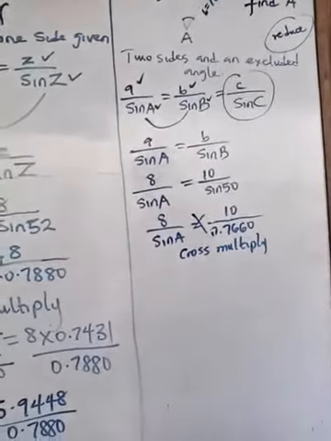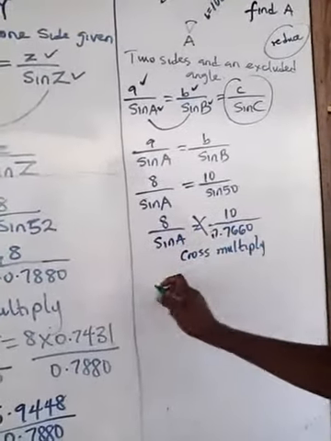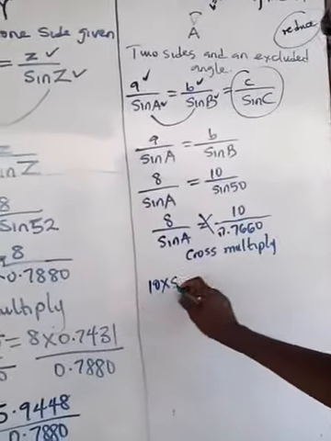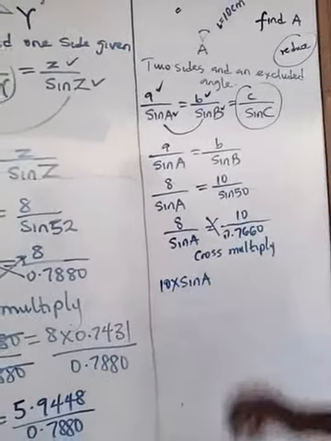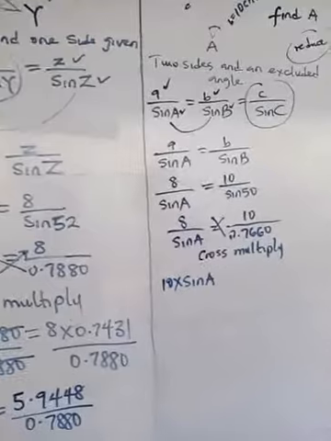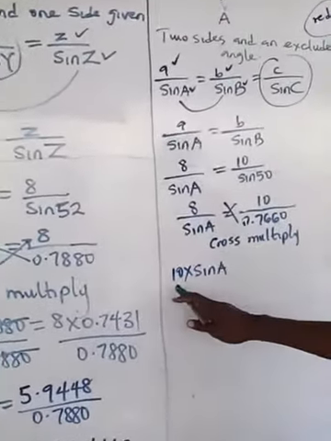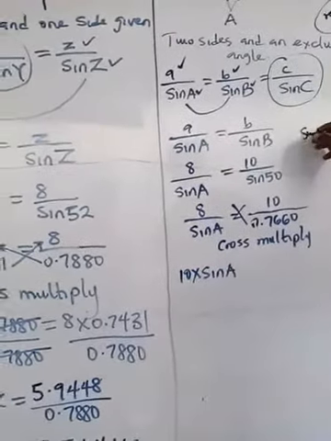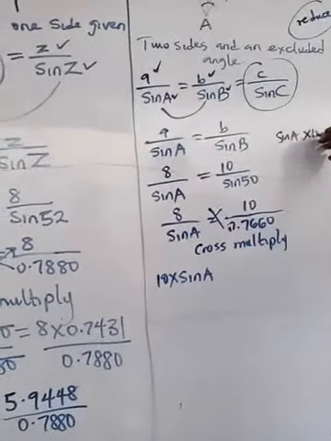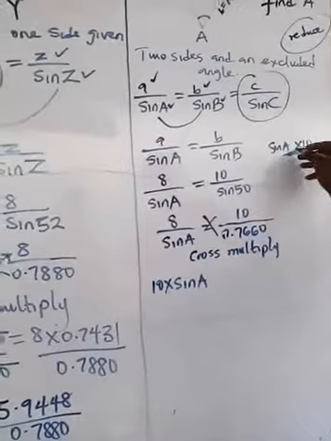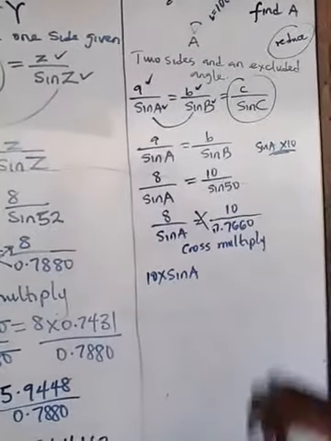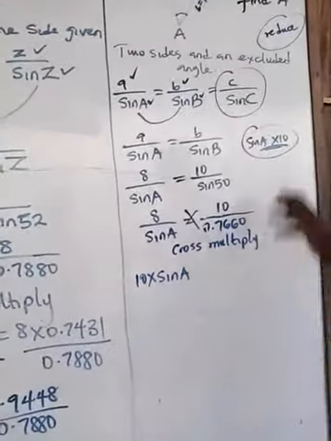That means this multiplies this, so you have 10 times sine A. Please be careful. Whenever you are multiplying a number with a trig function, the number usually comes to the front. It will be wrong to write it like sine A times 10, because one can confuse it as angle A multiplying 10, which is not correct. So it is 10 times sine A.